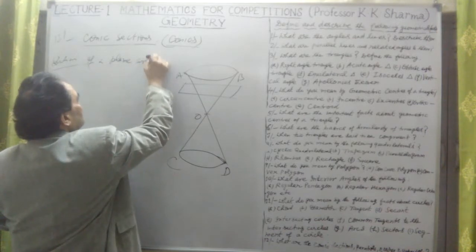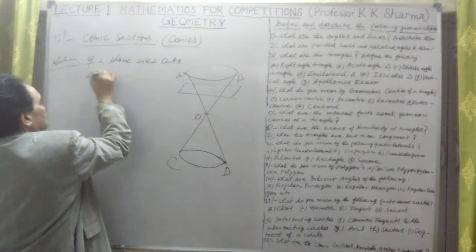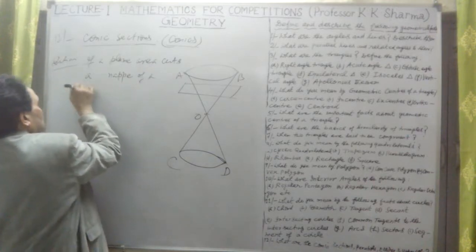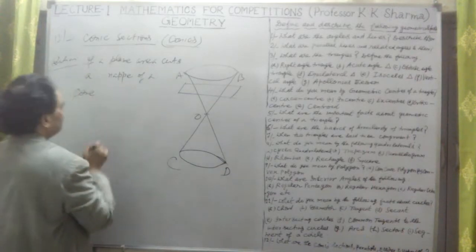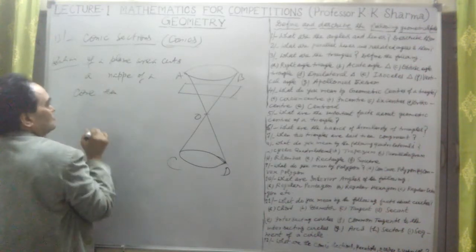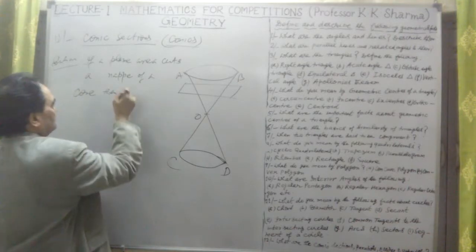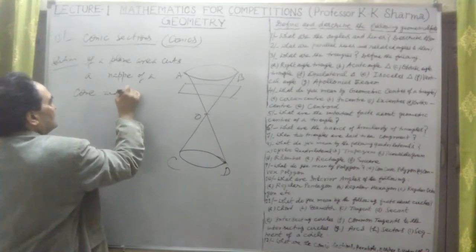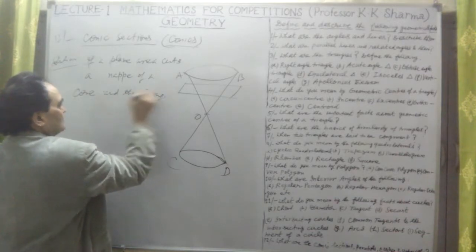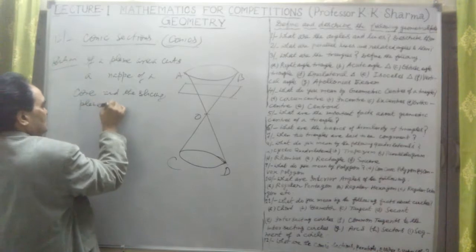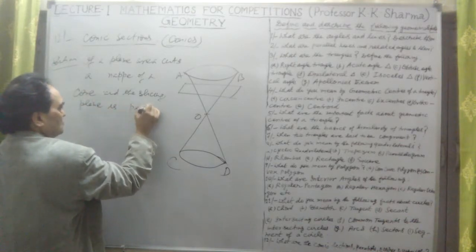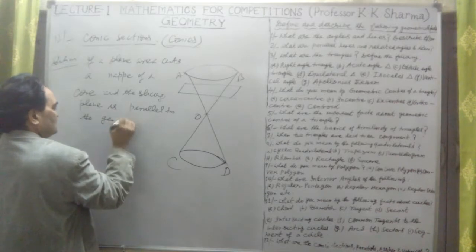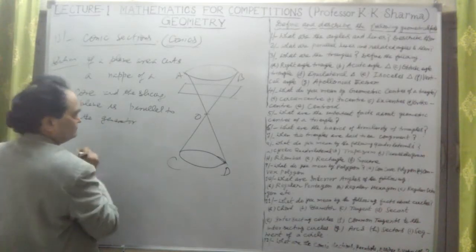If a plane area cuts a nappe of a cone, and the slicing plane is parallel to the generator, other than the vertex.